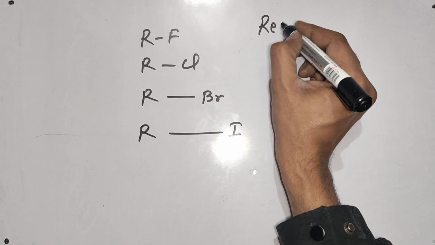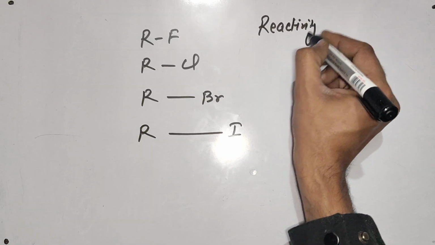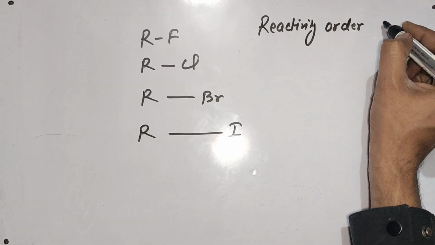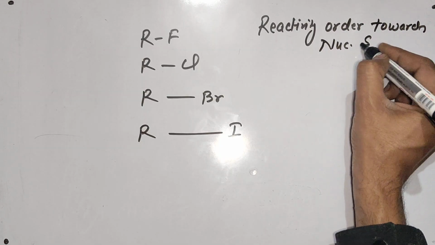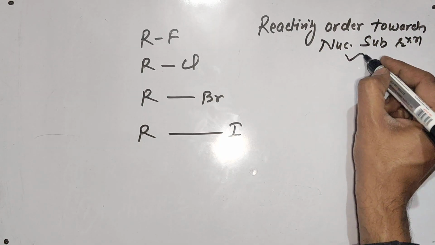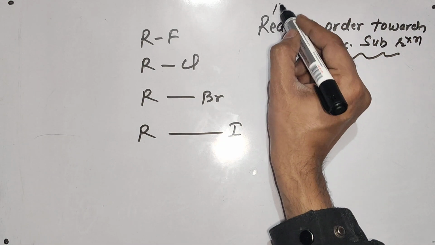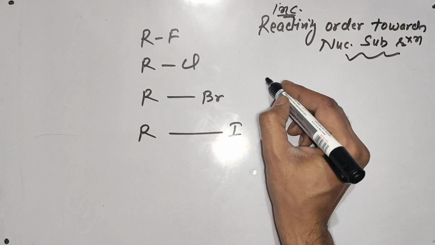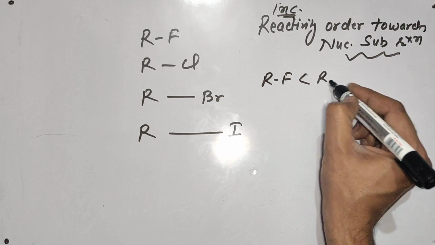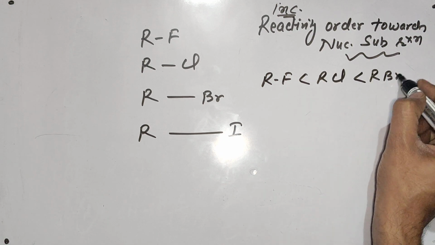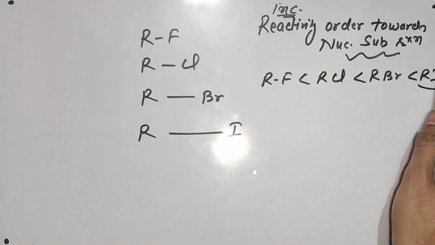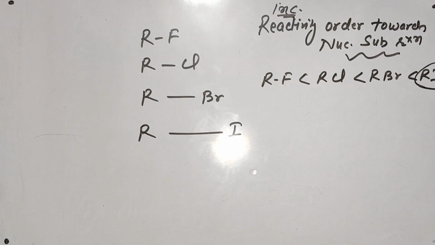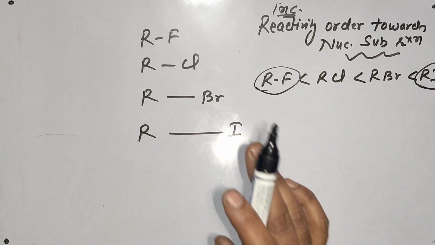Reactivity order towards nucleophilic substitution reaction. So if I write the increasing reactivity order, it will be this: RF < RCl < RBr < RI. Iodoalkanes will be most reactive toward nucleophilic substitution reaction, and fluoroalkanes will be least reactive.